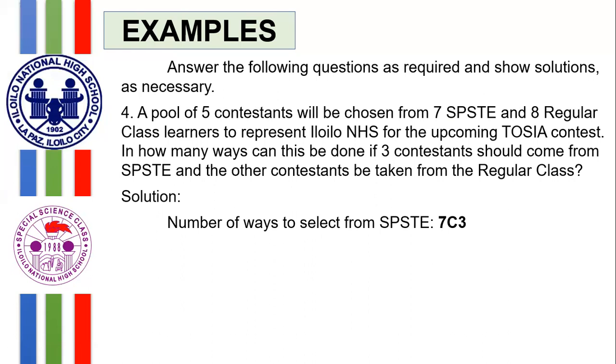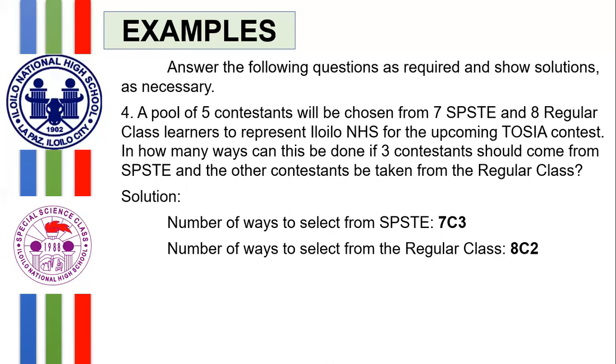And how about the regular class? Remember, you only have 5 contestants, and if 3 of them should come from the SPSTE, then 5 minus 3 equals 2. Two should be taken from the regular class. There are 8 regular class learners and 2 of them will be taken at a time. So that would be 8 combination 2. That is, the number of ways to select from the regular class is 8C2.